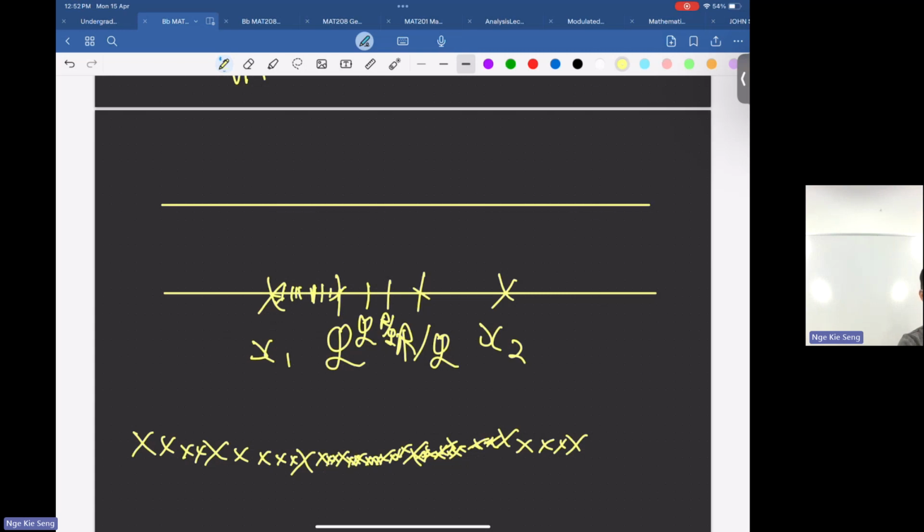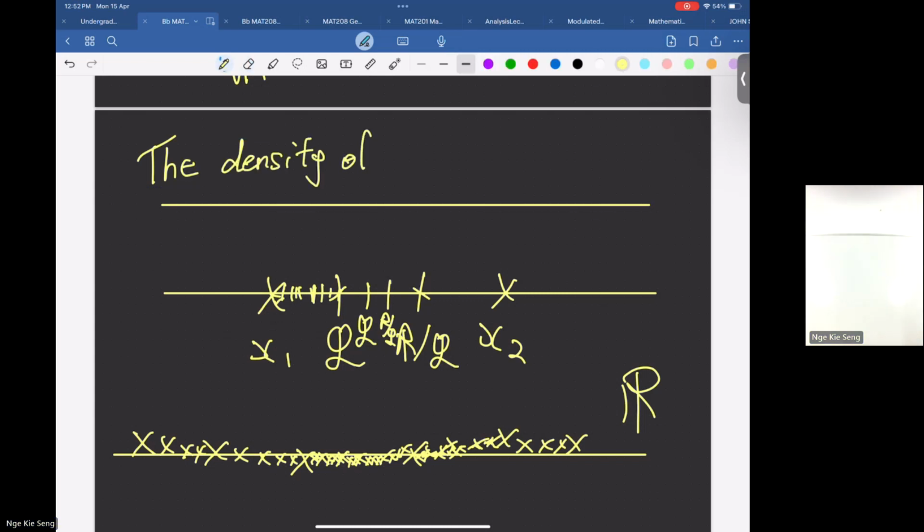Maybe an electron microscope also cannot see. That's why we draw this straight line like this, the real line. So why do we keep drawing the real line like this? Because of the density of rational and irrational.